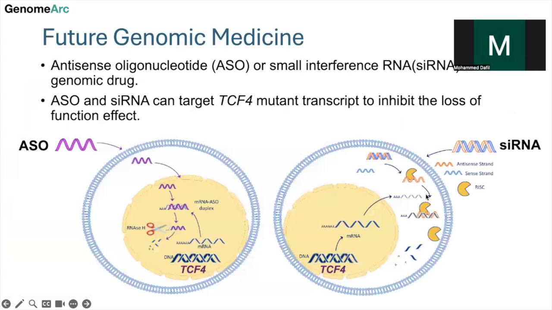And as I said, there are no drugs at this moment for TCF4-related syndrome, but the future of genomic medicine looks very promising because those technologies are designed to target specific mutations. Antisense oligonucleotide and small interfering RNA, siRNA, these 2 technologies are very promising.